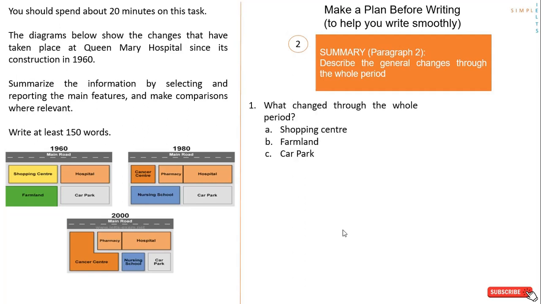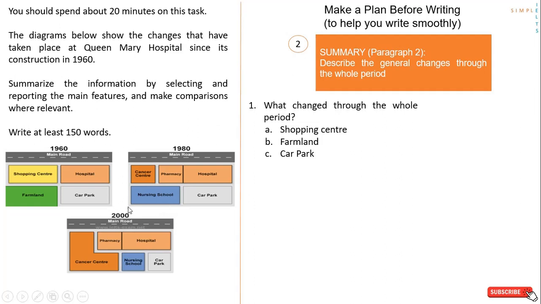For example, so what changed through the whole period? The things that changed are shopping center, farmland, and car park. As we can see, in 1960 there is a shopping center, and then it changed into cancer center and pharmacy. Farmland, also the same. It changed into nursing school.